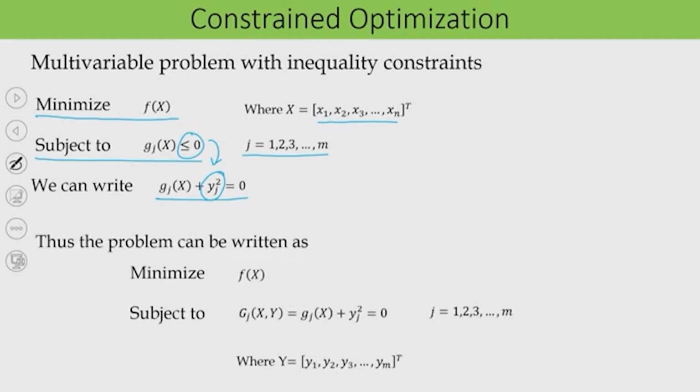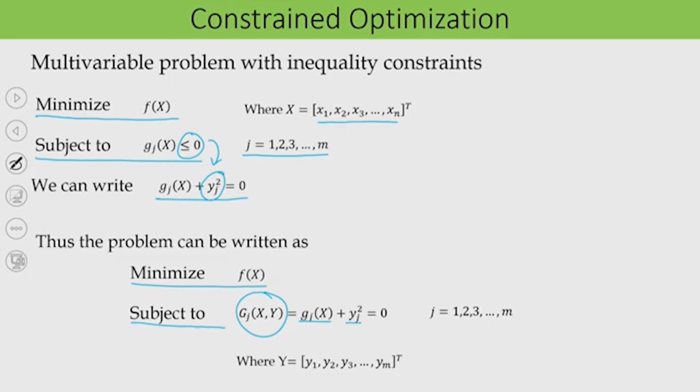If we use this y_j variable, this is a minimization problem: minimization of f(x) subject to, now I am writing this as capital Z_j(x, y). Capital Z is a function of x and y, which is equal to small g_j(x) plus y_j square equal to 0.